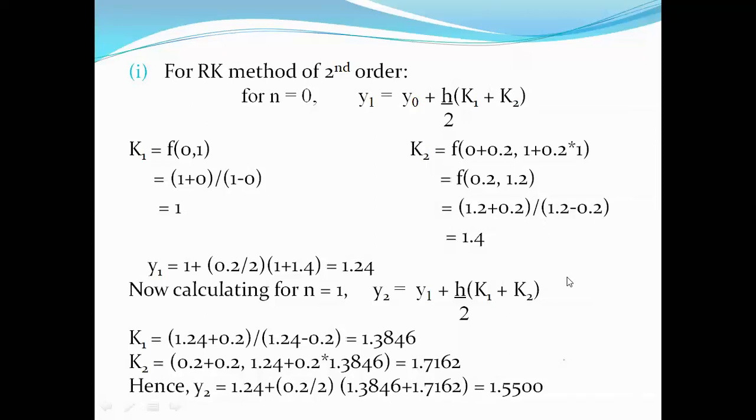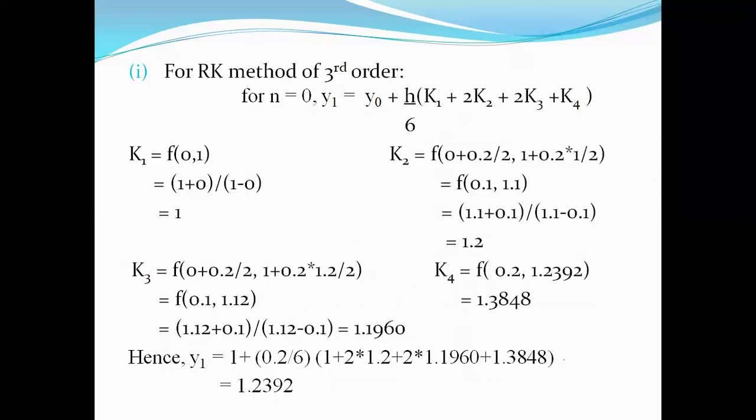Okay. So moving on to the Runge-Kutta method using fourth order. In the same similar numerical. So over here we are considering n is equal to 0. So putting it in the formula, y1 is equal to y0 plus h by 6 (k1 plus 2k2 plus 2k3 plus k4).